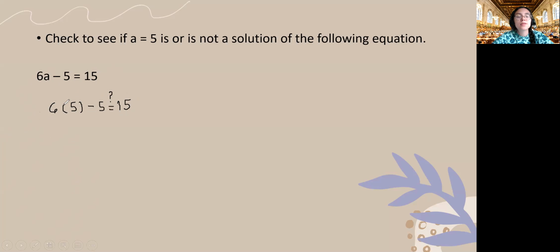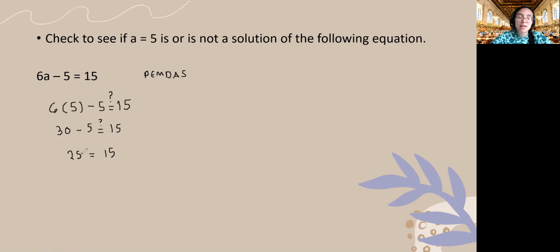So we have multiplication and subtraction. We just finished our order of operations, so of course, we do our multiplication first. 6 times 5 is 30 minus 5, is that equal to 15? Now we do our subtraction. 30 minus 5 is going to give us 25. And ask yourself, is 25 equal to 15?